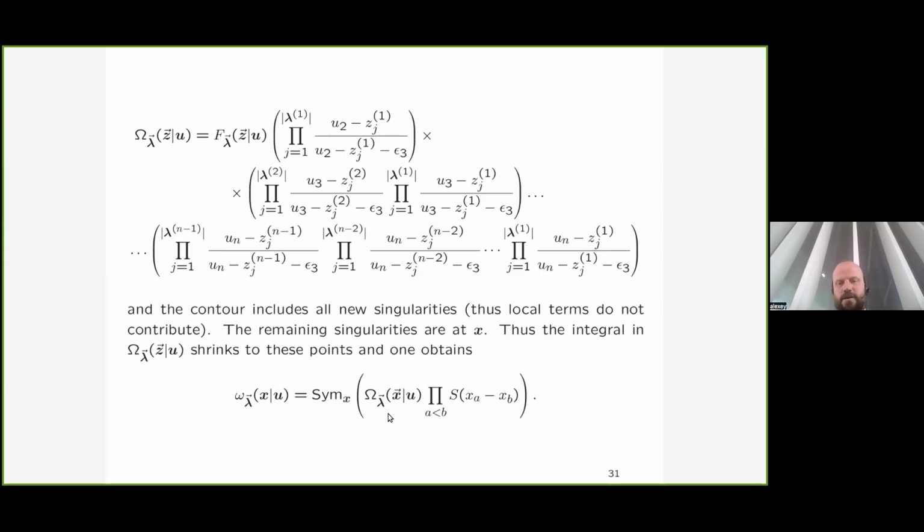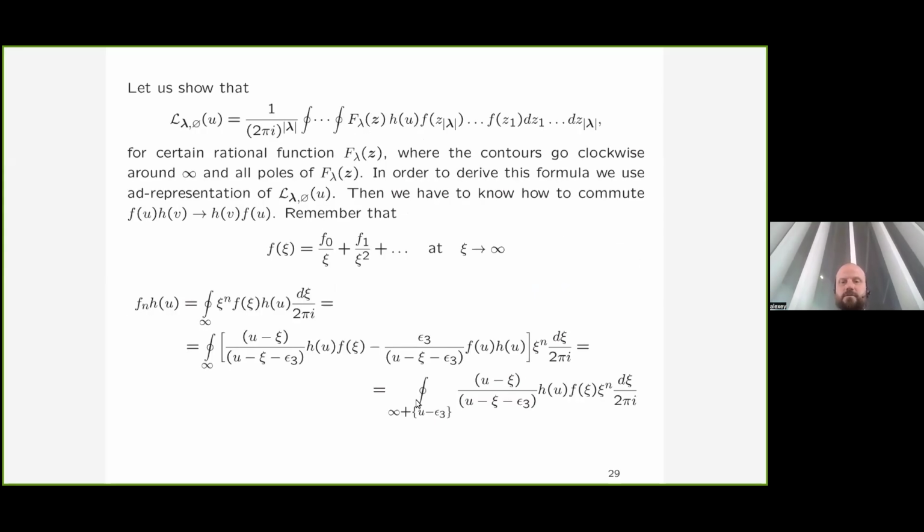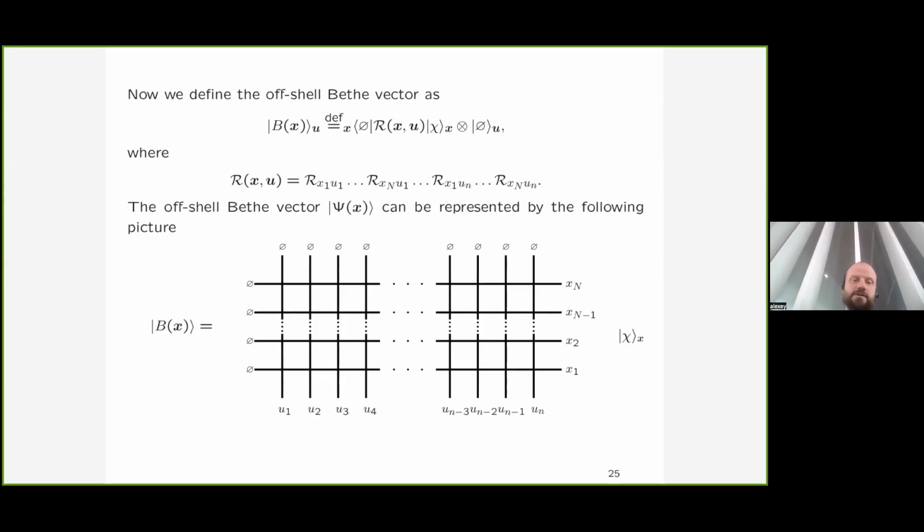Okay, so after all, we end up with some weight function, which depends on what? Sorry, let me scroll back to the beta vector. Beta vector, or its weight function, which is just its projection on the monomial states. It depends on the parameters of my highest weights, which are fixed. I don't move them, and also on auxiliary parameters x's, which I vary.